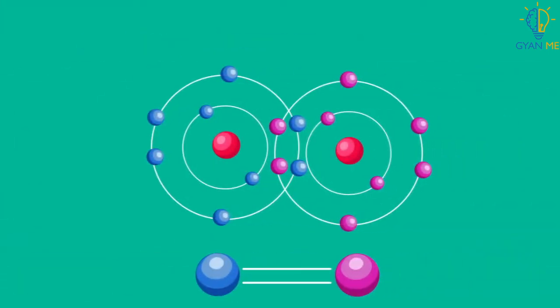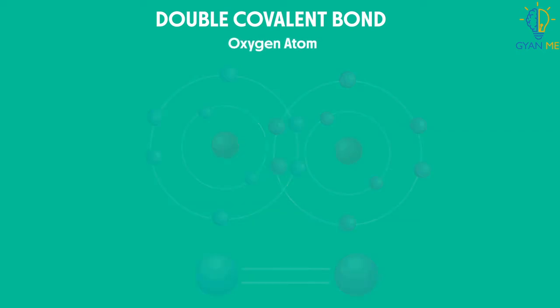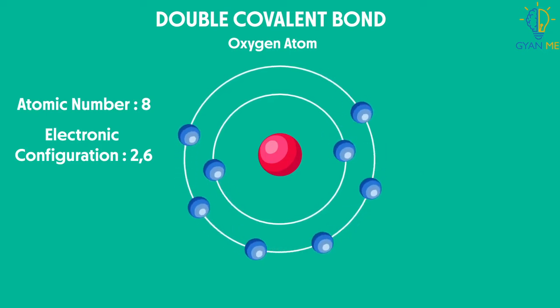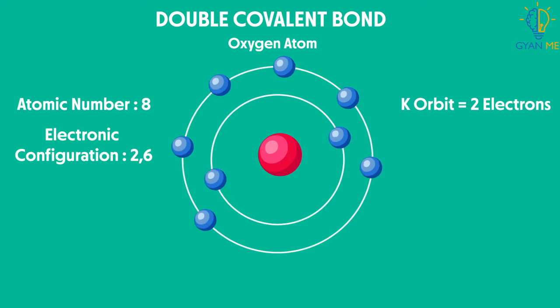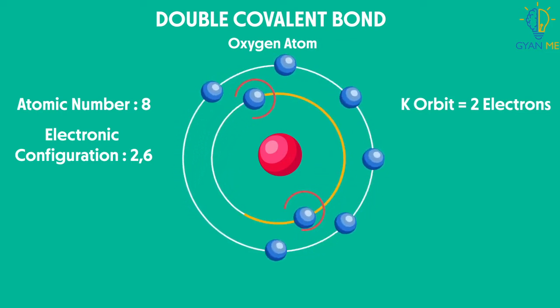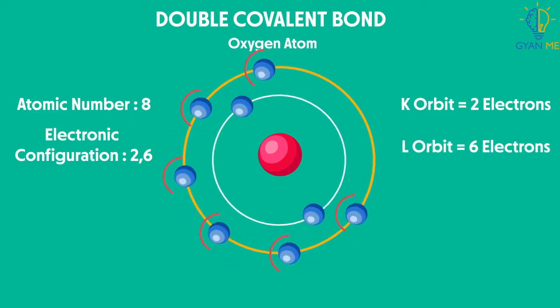So let's understand double covalent bond formation by the example of an oxygen atom. As you know, the atomic number of oxygen is 8. This means that it has two electrons arranged in its first orbit, K, and the second orbit, L, will have 6 electrons.